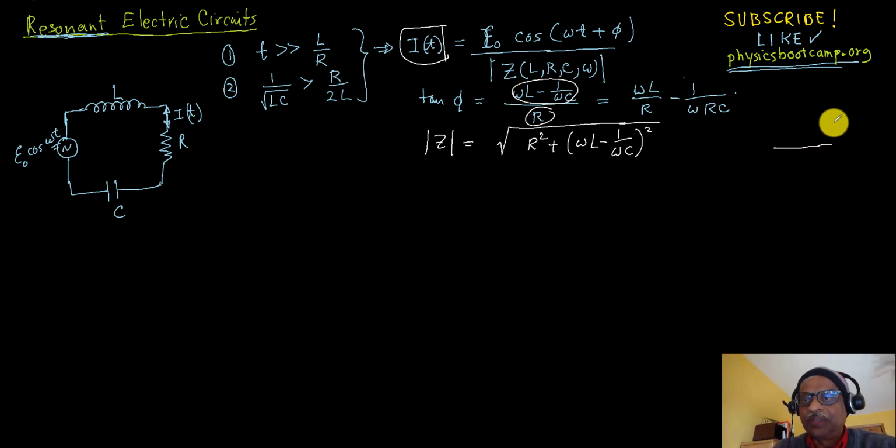So if you imagine a triangle where this side is omega L minus 1 over omega C, and this side is R, and this is 90 degrees, and this is phi, then this side will be Z.